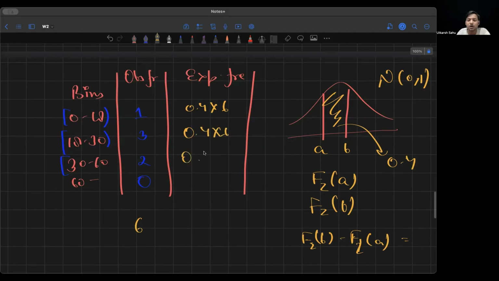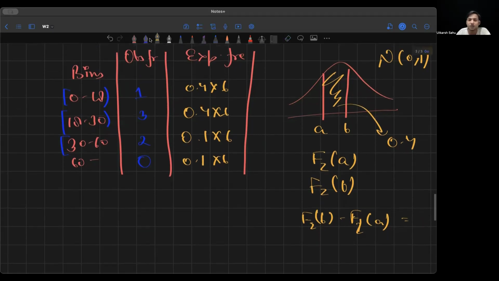This is 0.1, 0.1 into 6. This would be 0.1 into 6. So this is how you are going to fill your expected frequency. I'm not going into too much detail here. The more we solve questions, the clearer it will be. The next video would be on PYQs. But this is something you should know, how we fill the expected frequency.